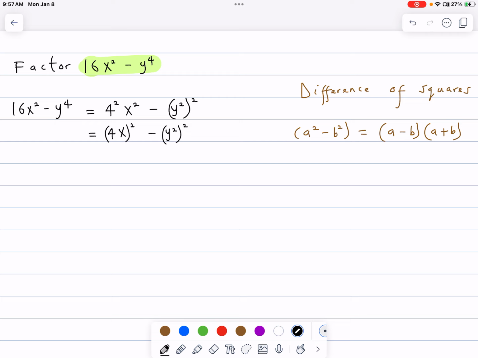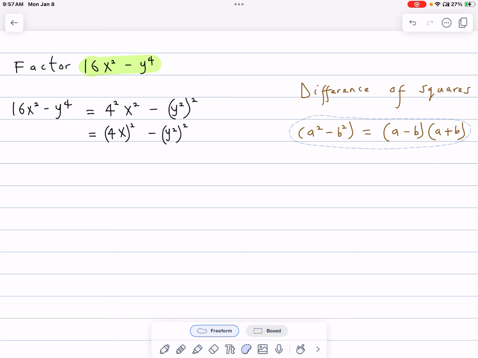To make this easy, I'm just going to copy the difference of squares and put it just below this, so we can do a quick comparison here.